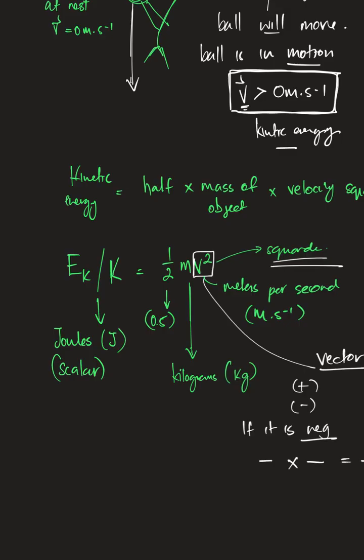So you can put a negative or positive value into the formula, but in the end of the day, your answer will have to be positive because that value has to be squared. Here's your formula. You find it on your formula sheet under the mechanics section. This is your formula for kinetic energy.